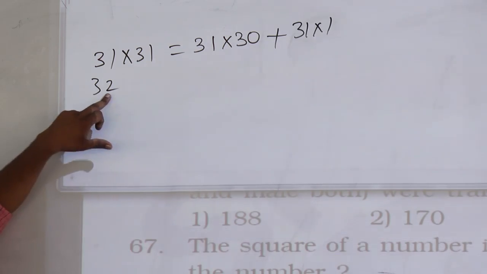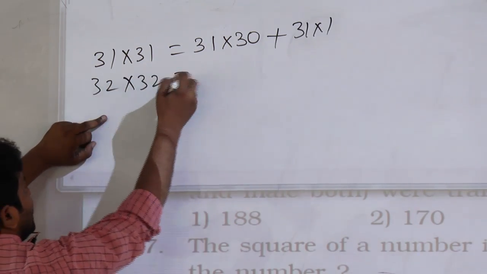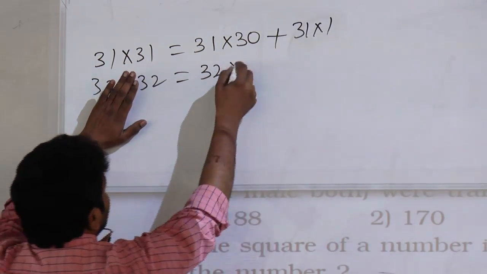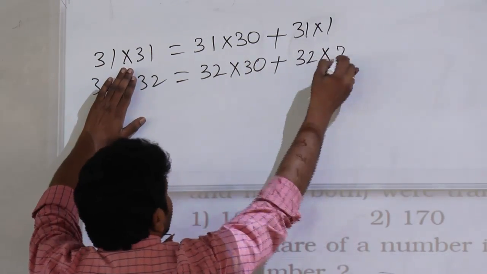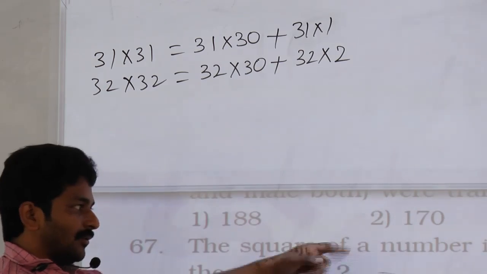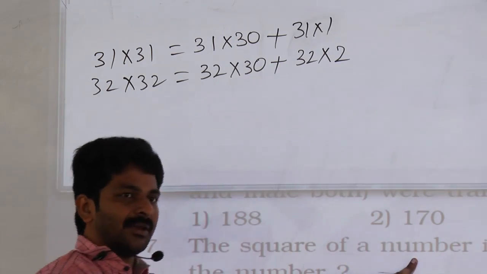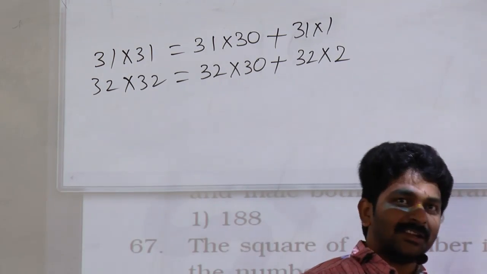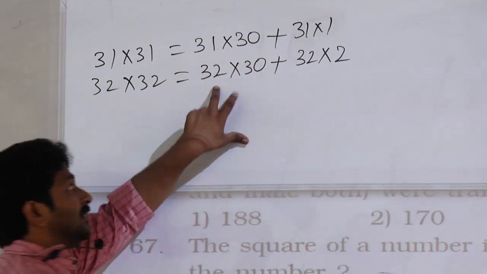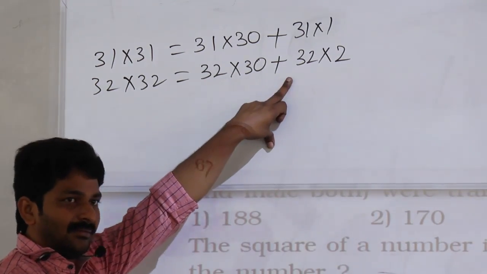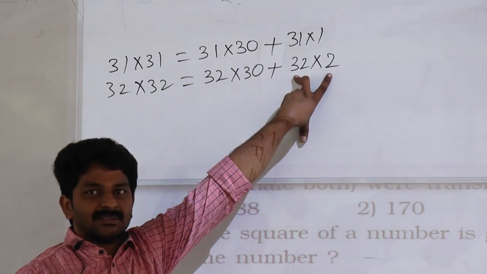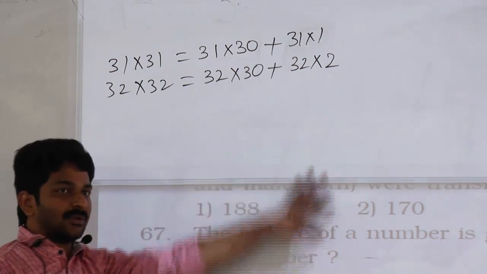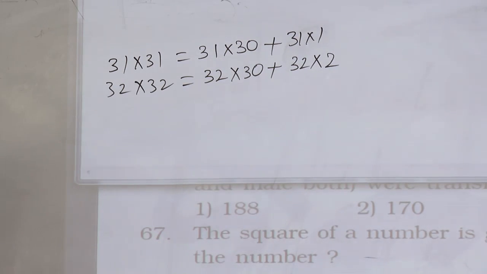If it is 32 square, that will be 32 30 times plus how many times of 32? 2 times. What is given in your question? The square of a number is greater than 30 times of a number. 30 times of a number by how much? How much is this? 60. So 32.